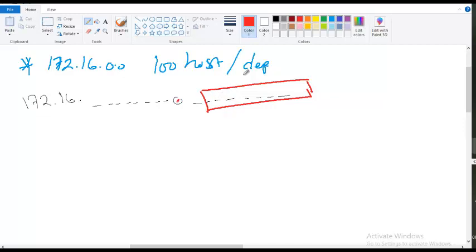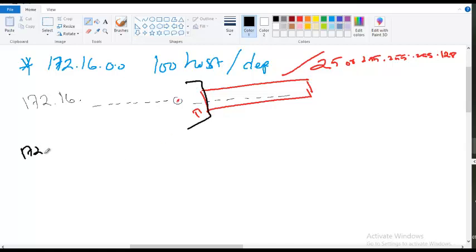Now the new subnet mask is /25, which is equal to 255.255.255.128. Exactly. Now you need to increment by 128 because from here we are giving for networking.